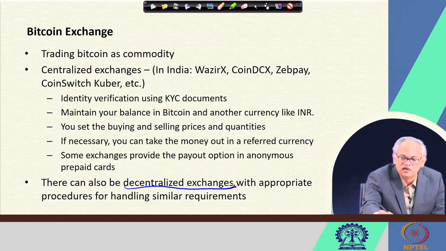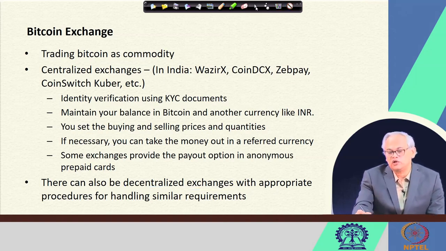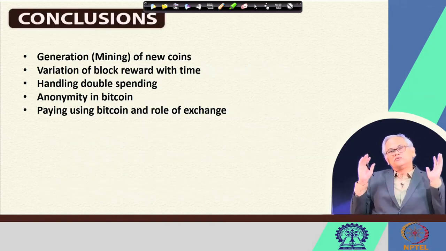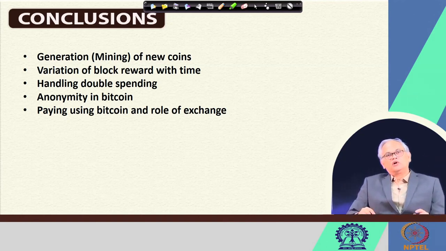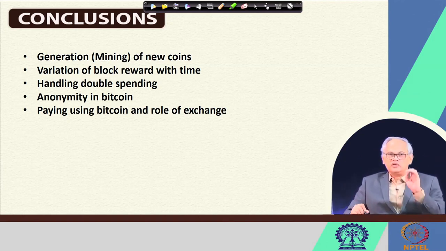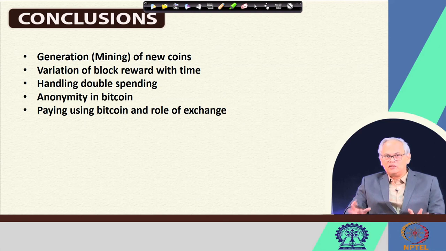But of course, these are challenges, and there are different ways by which people are trying to address them. So, it is very important that we understand this whole set of operations for blockchains. Specifically, we discussed Bitcoin in these lectures on blockchain elements.